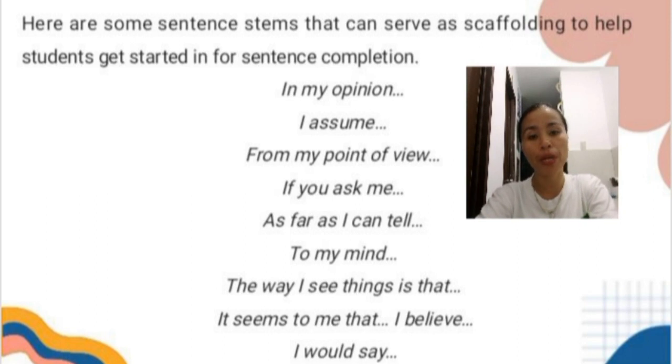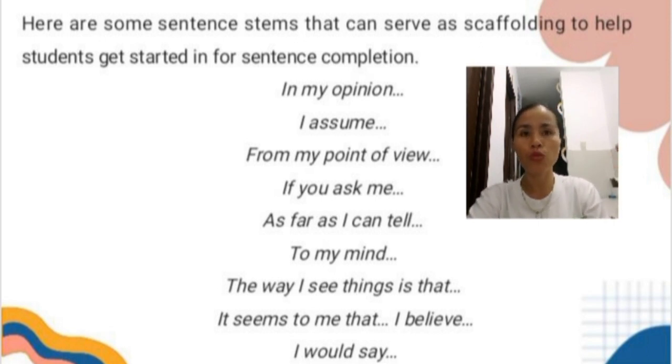So these are sentences that are not complete, and the student completes them. It's up to the students whatever comes to their mind to complete a sentence.